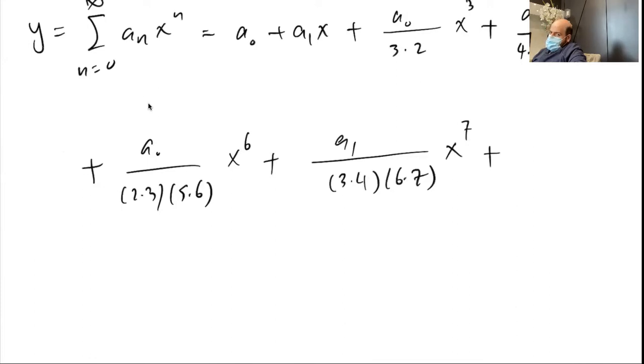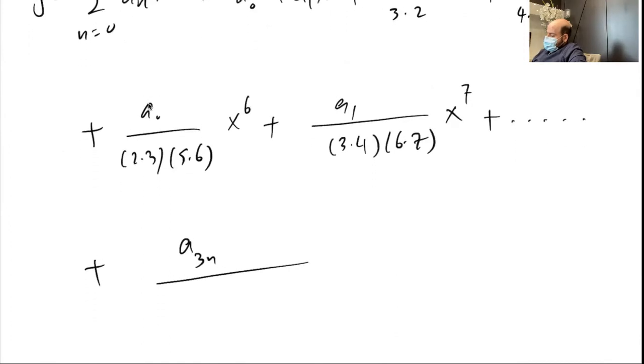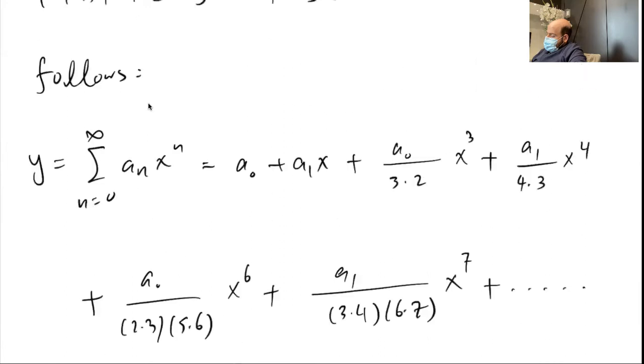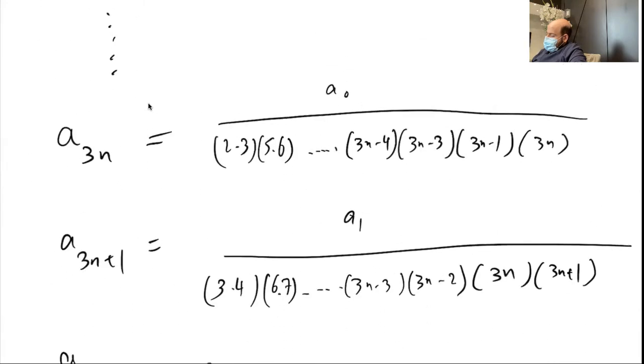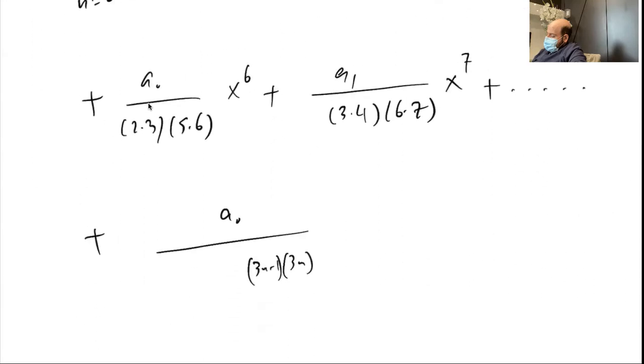And then the next one will be 0, since a8 is 0, so plus dot dot dot plus a3n over the denominator. Now a3n was basically a0 over 3n times 3n minus 1, all the way down to the product of the earlier terms, times x to the power 3n.